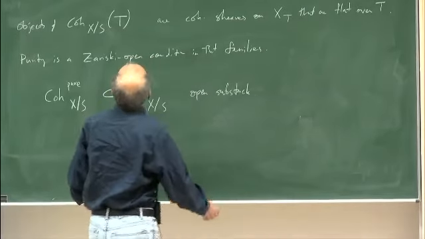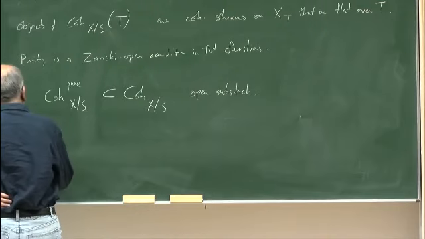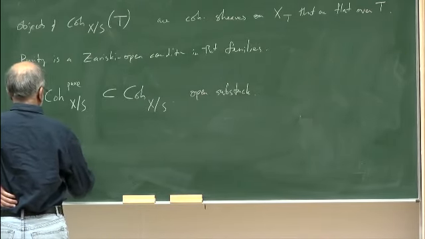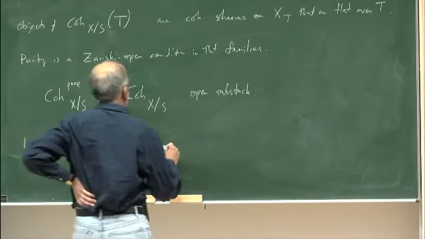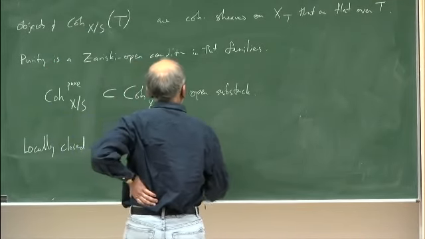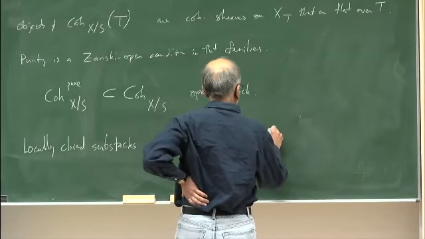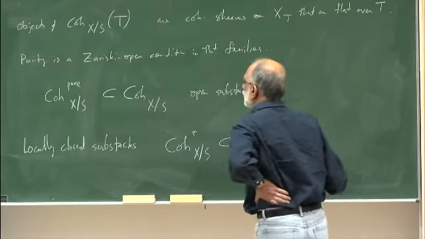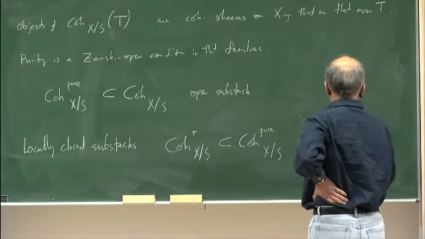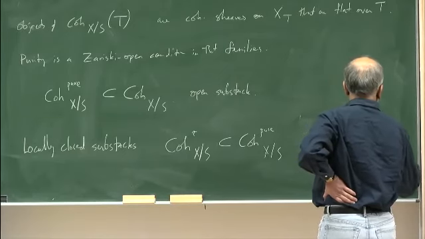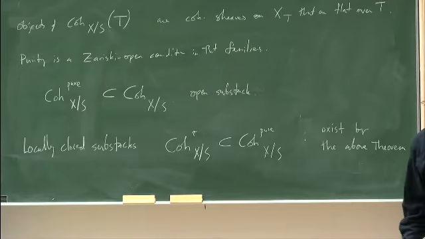All right. Now, what I get as a result of this is locally closed substacks. I have to define these stacks first as a groupoid.